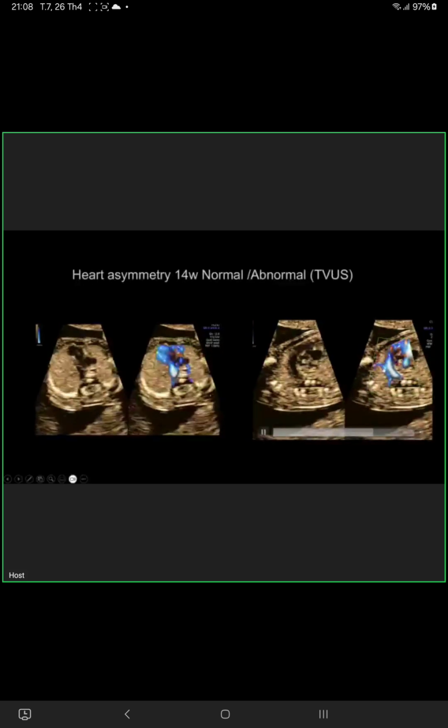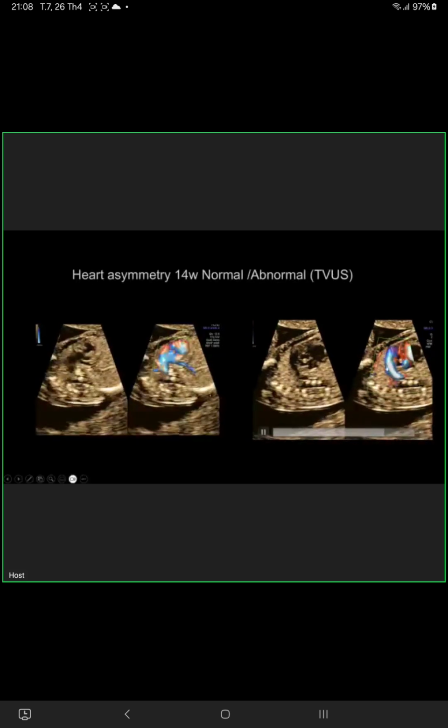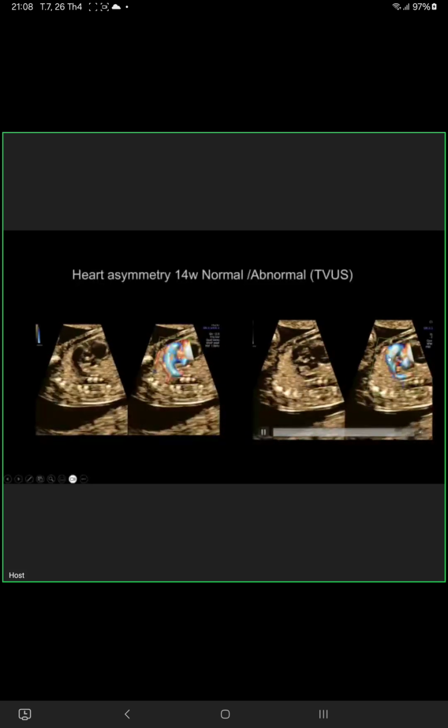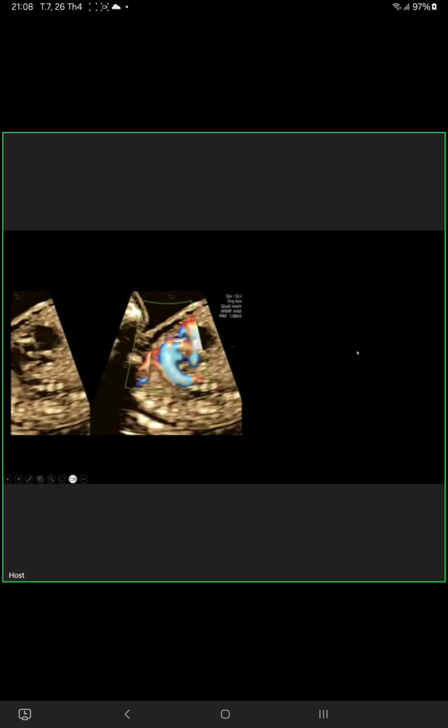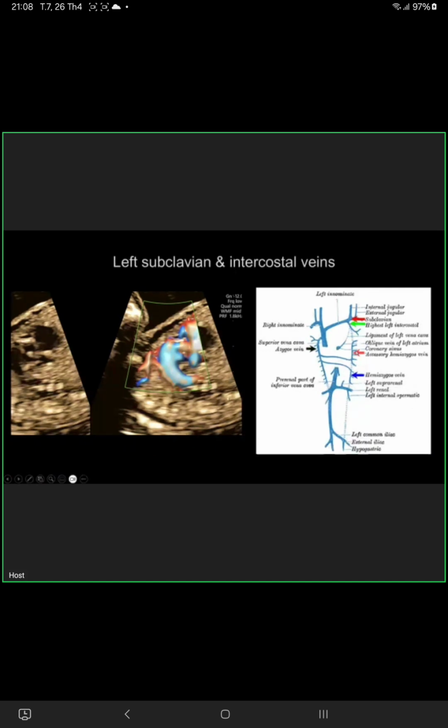And here you can see the vessel going upright and connecting with the left subclavian. This was a case of superior intercostal vein; there was a preload more than usual to the right side, and the four-chamber was asymmetric not because of a small left side, but because of a big right side.